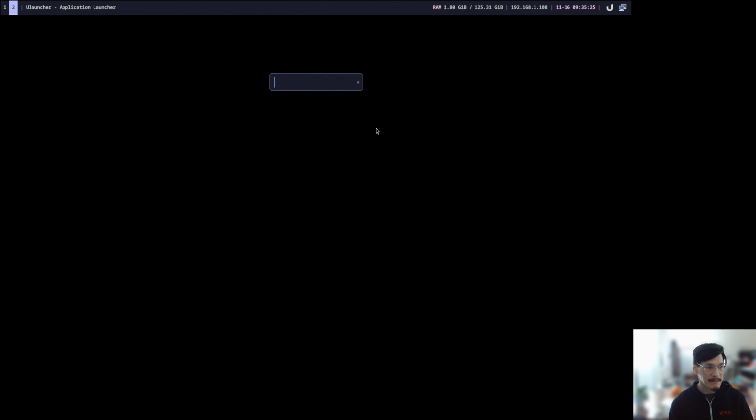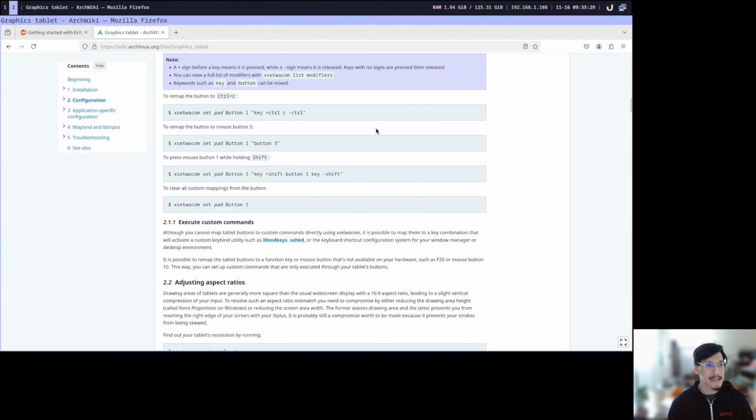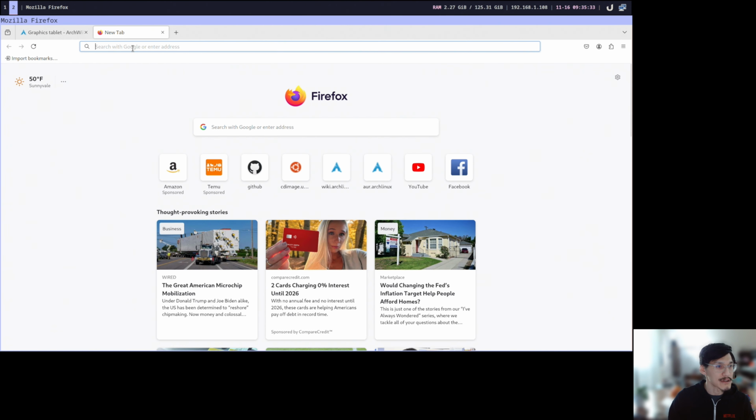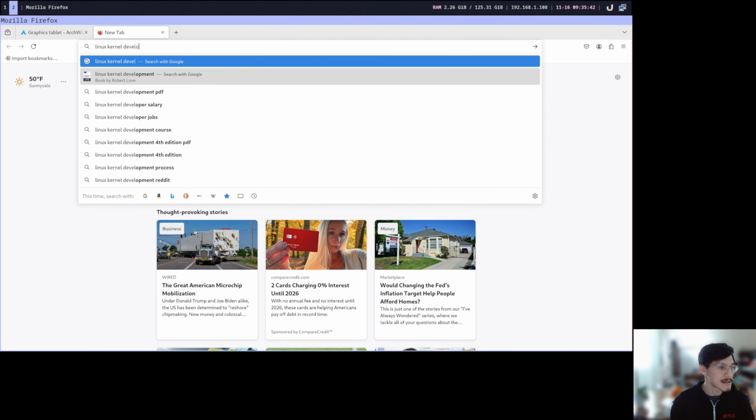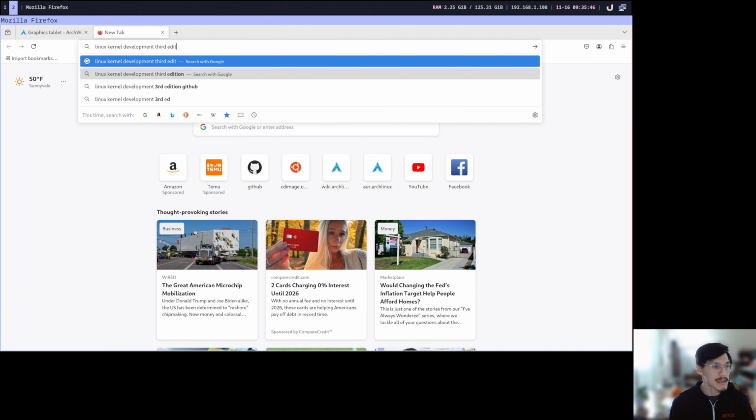As far as the book goes, I think there is a PDF. Oh, here's my instructions. There's a PDF for this book. Let's download that so that we can walk through it. Linux Kernel Development, third edition PDF.